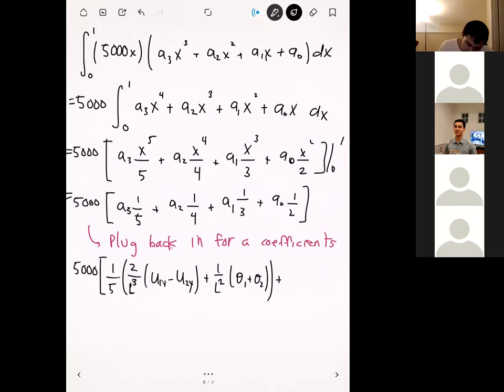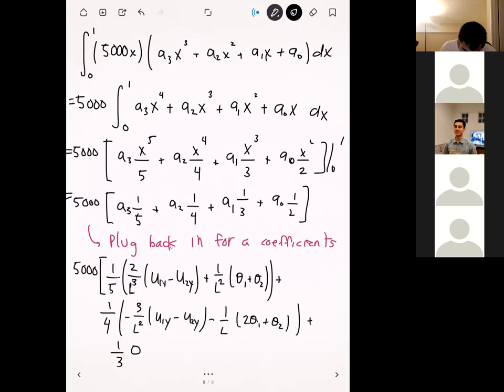Next, we're going to plug in our a2 term. Our a2 term is going to be 1/4 times minus 3 over L squared, u1y minus u2y, minus 1 over L times 2 theta 1 plus theta 2, plus a1 divided by 3, so we have 1/3. a1 in this case is just theta 1, plus 1/2 times a0, where a0 here was just u1y.